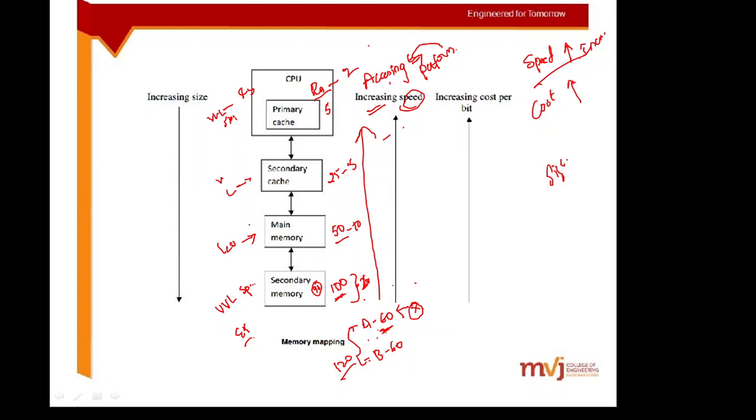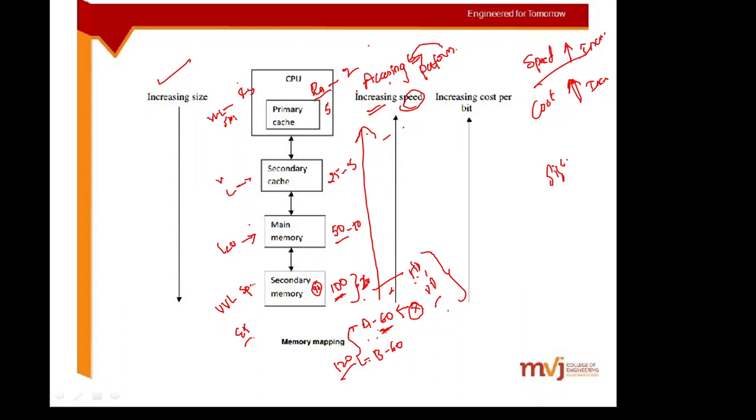Because when we want to buy secondary storage devices, such as hard disk, floppy disk, pen drives, all of these are examples of secondary storage devices, we can buy them easily. But registers and cache memory are very expensive. That's the reason that as we go up, the cost is increasing. Now coming to the size.